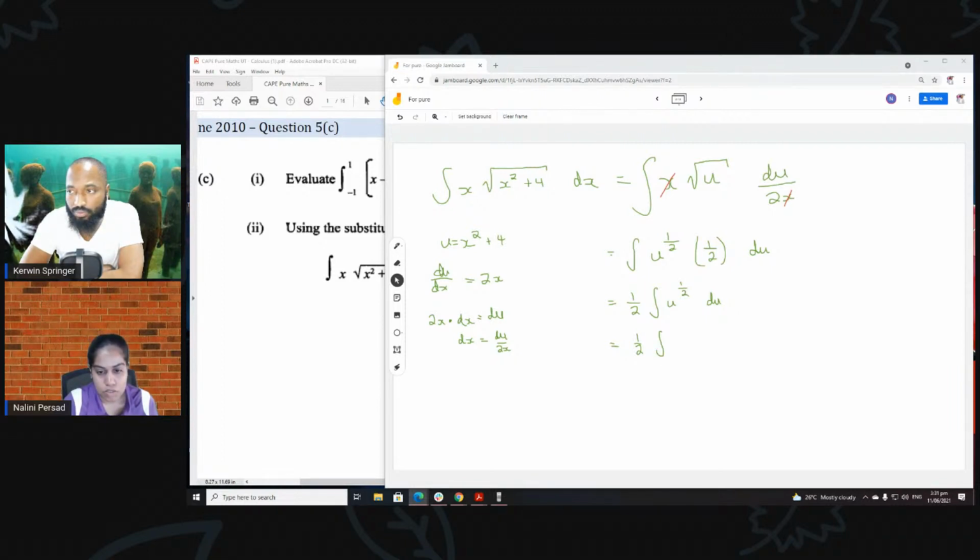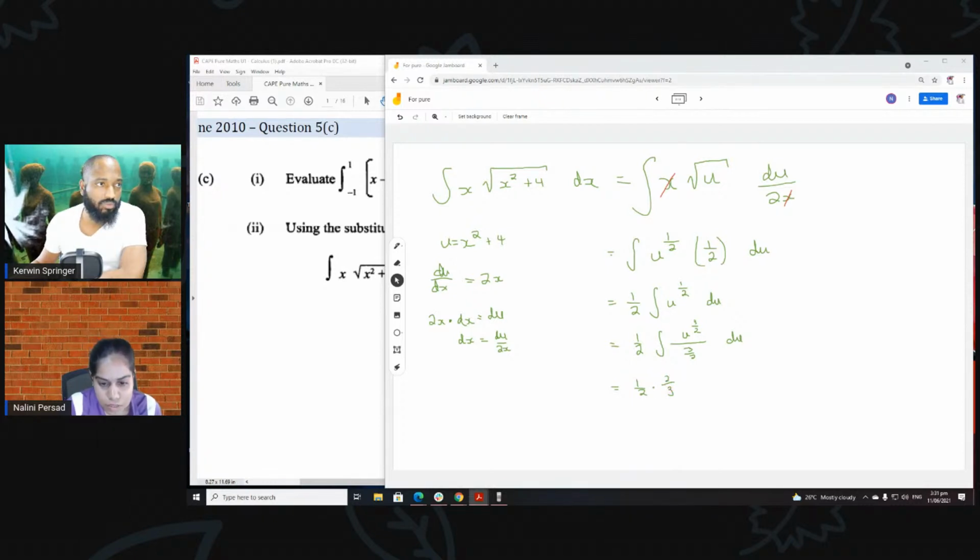So a half plus 1 will give you 1.5, so that will be 3 over 2. Divide by the new power, which is 3 over 2. So we can decrease the number of fractions that we have. Dividing by 3 over 2 is essentially multiplying by 2/3.